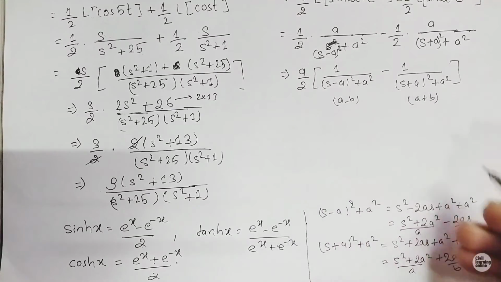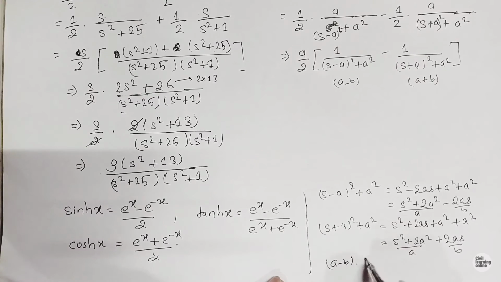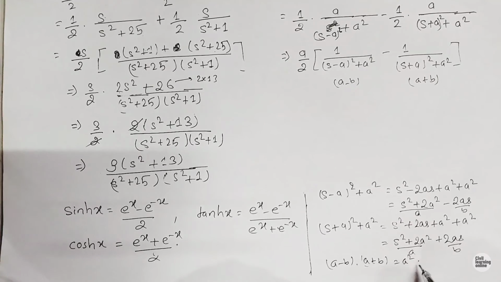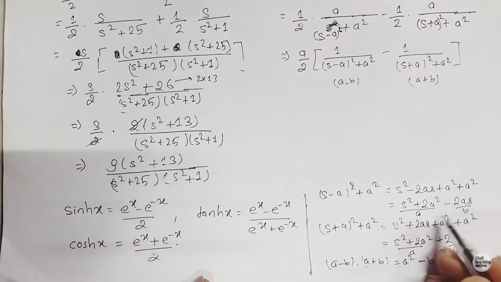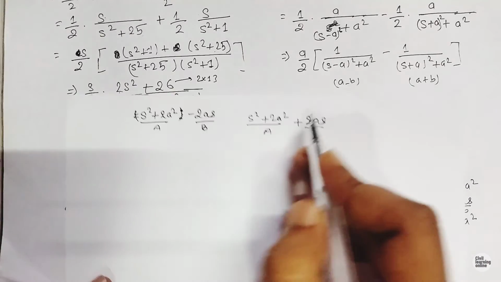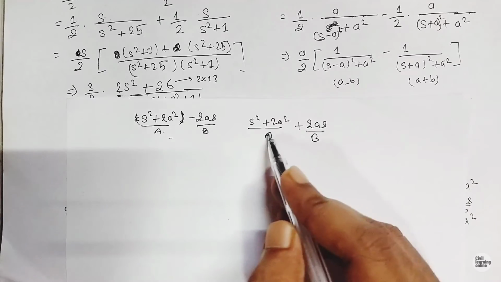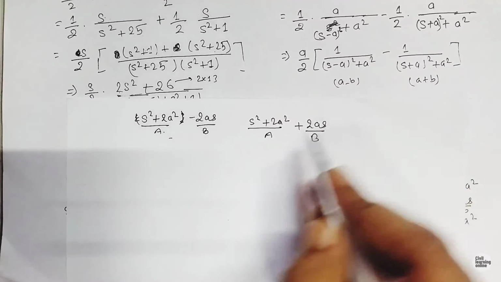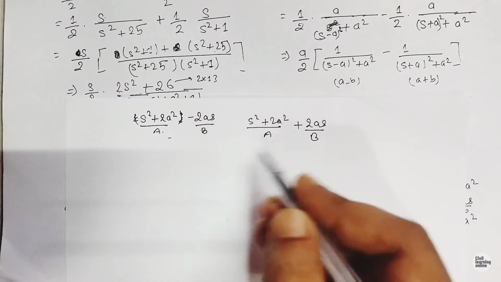So on taking LCM, we know the formula that (a minus b) times (a plus b) is equal to a square minus b square. So from the first term we got this a minus b, and from the second term we got this a plus b. On doing the product we will make it a square minus b square.